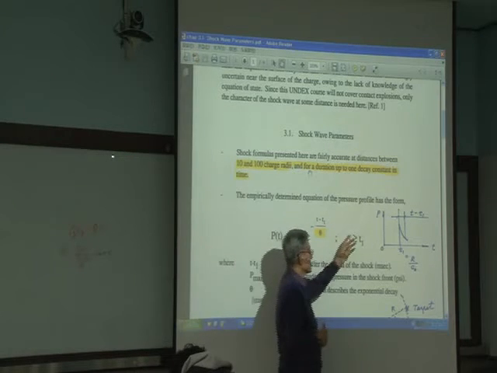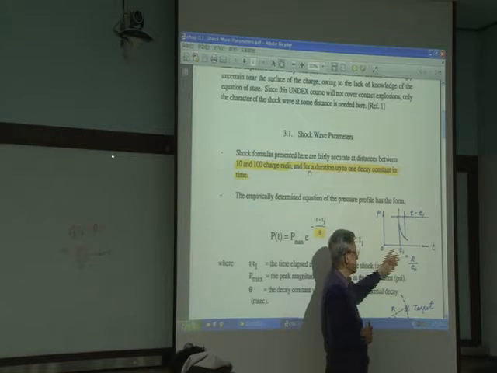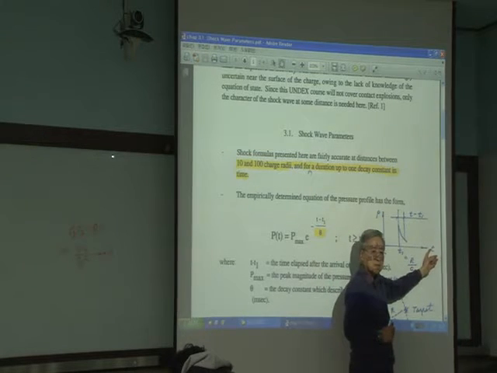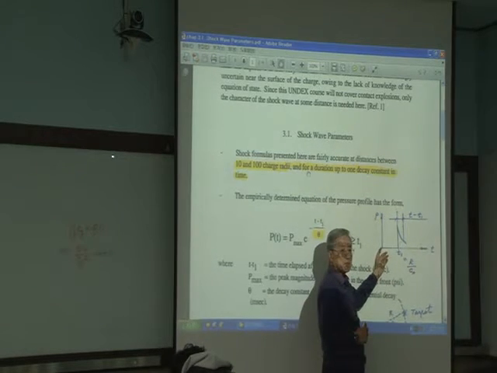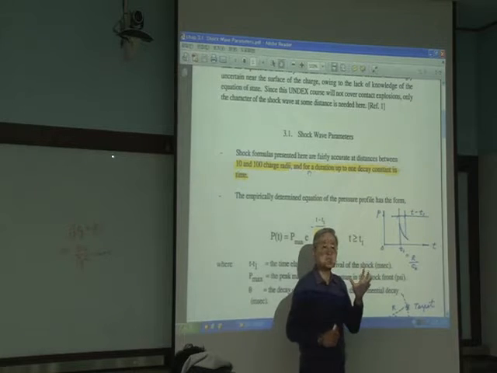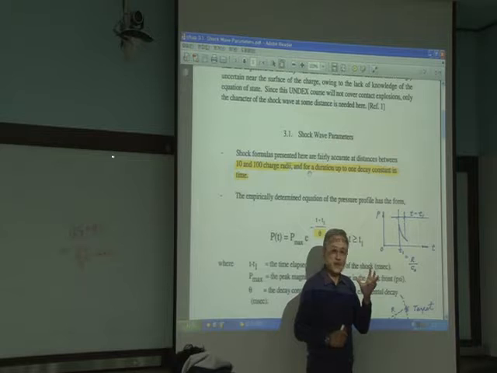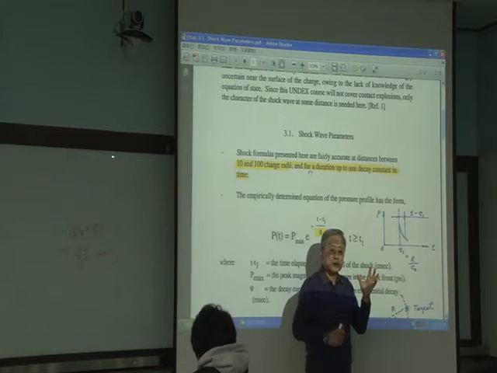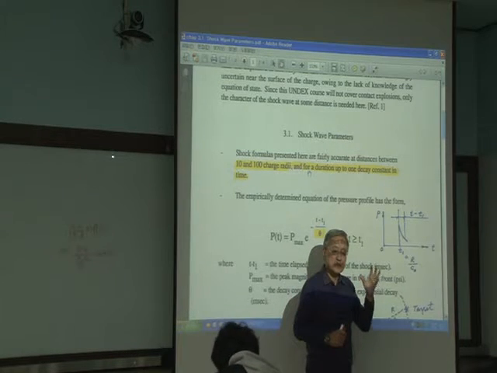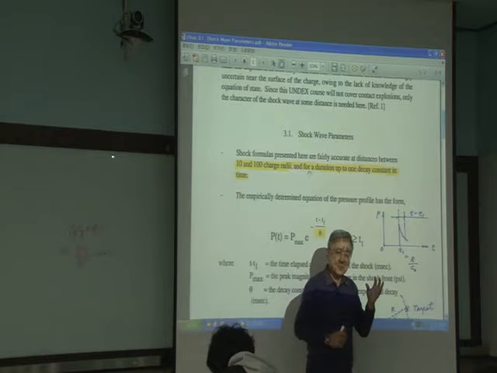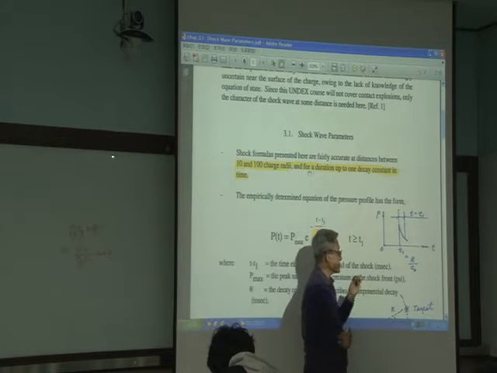So this is P versus time T. Zero time is the time of explosion, okay? Regardless of where the target is, the time of explosion is the reference time, 0, okay?